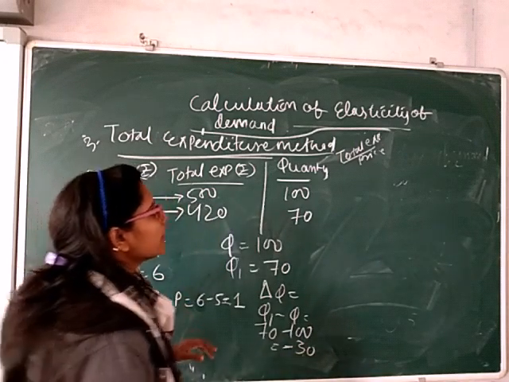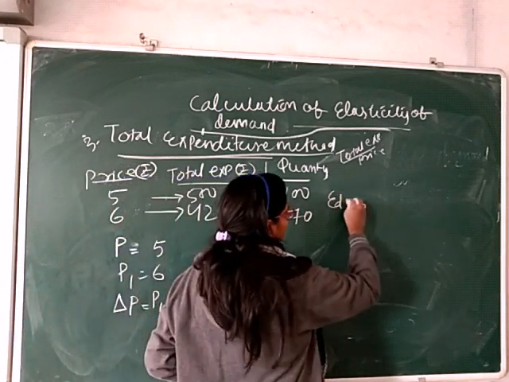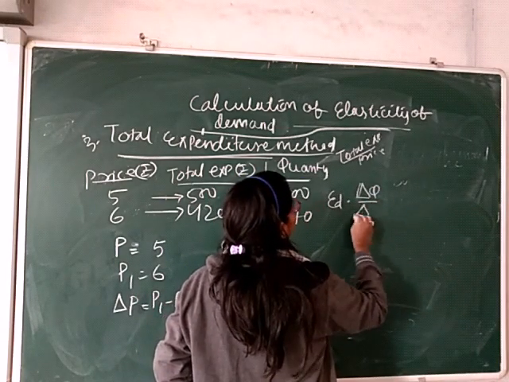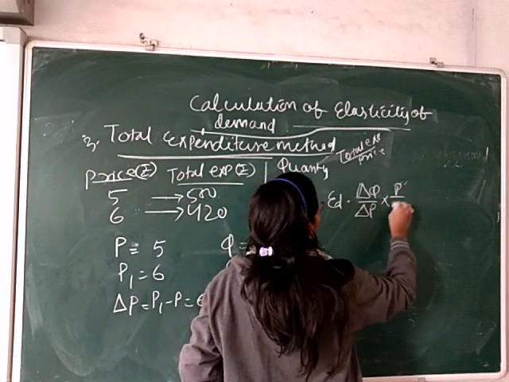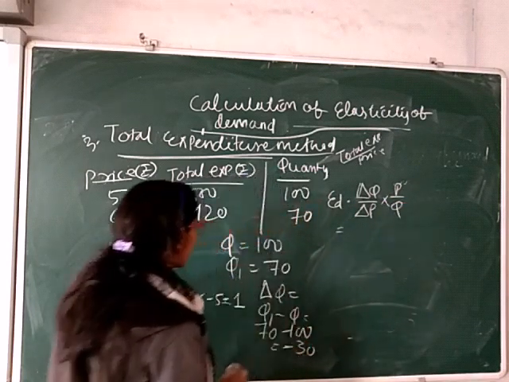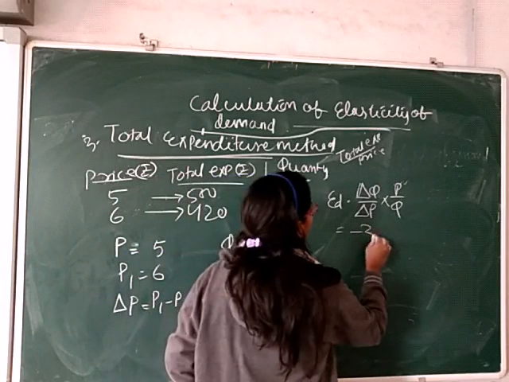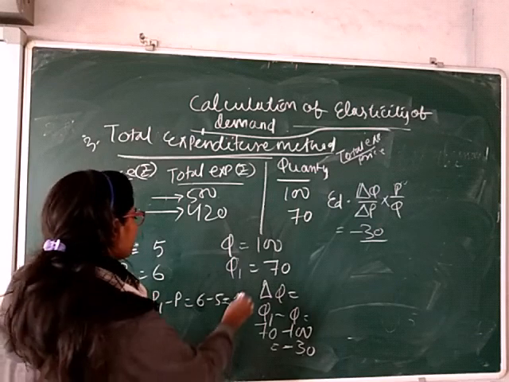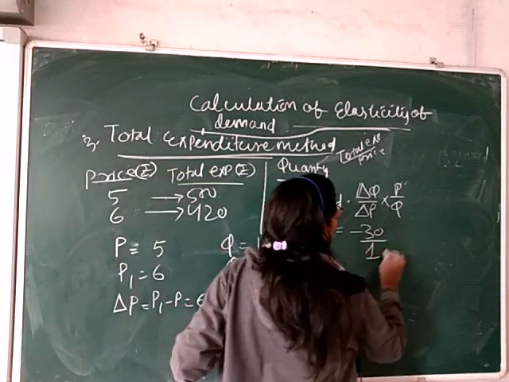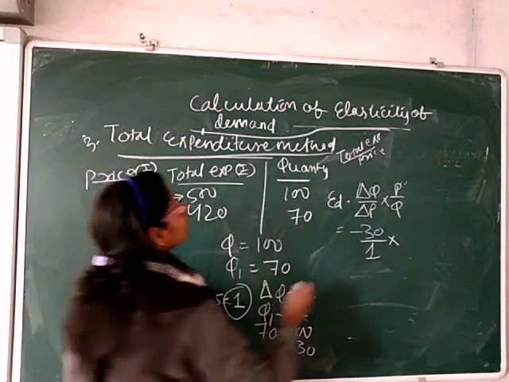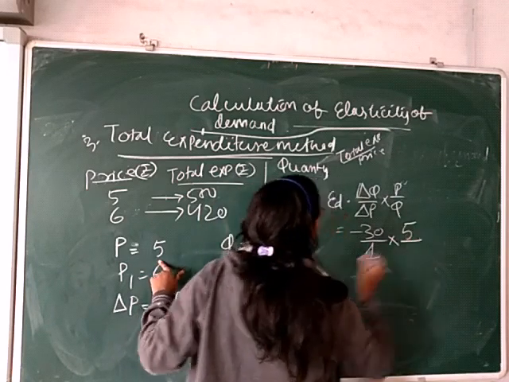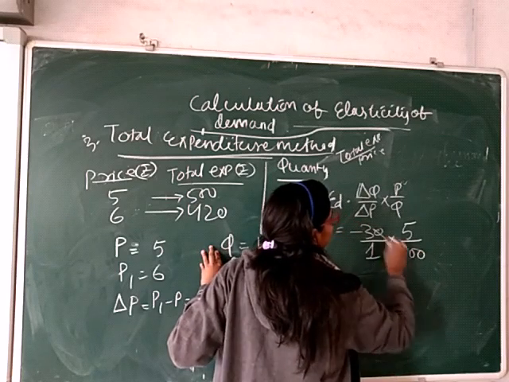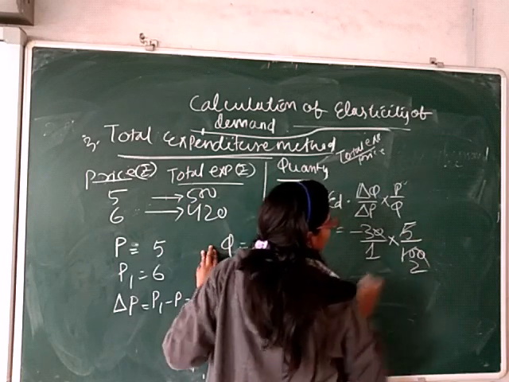Then put the formula of elasticity of demand. Elasticity of demand equals delta Q by delta P into P by Q. So delta Q, that is minus 30, by delta P, which is 1, into P, equals 5, the original price, and original quantity Q equals 100. 0 0 cancel, 5 2s are 10.